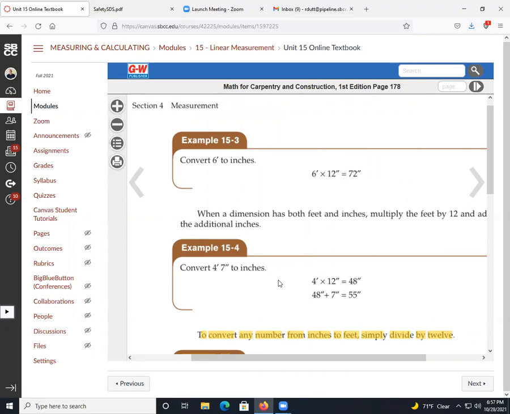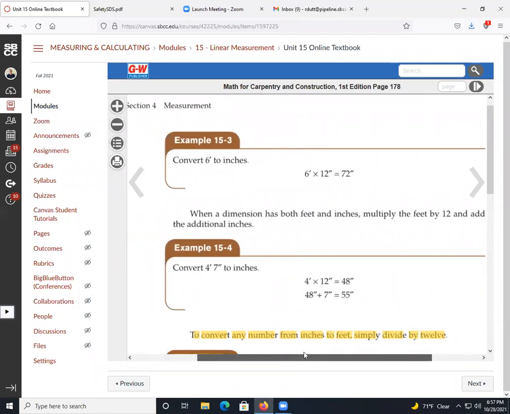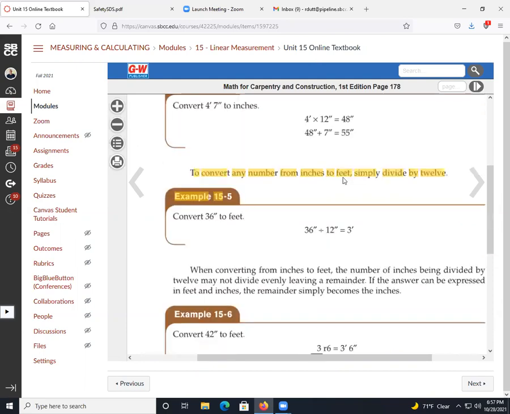Convert 4 foot 7 to inches. When it has feet and inches, you need to multiply the feet by 12 and then add the additional inches. So 4 foot times 12 is 48, and then we add the 7 inches, 55 inches. Piece of cake.